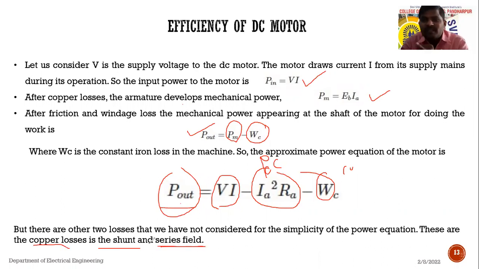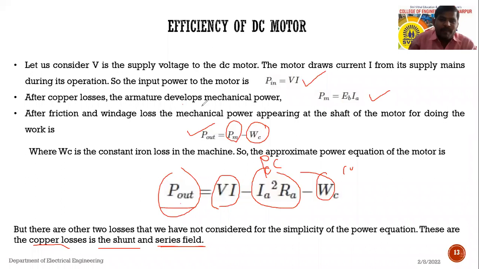For a series motor, the copper losses occur in the series field winding, and in case of a shunt motor, the copper losses occur in the shunt field winding. We have not considered these for simplicity, or for representing the formula of the power equation.